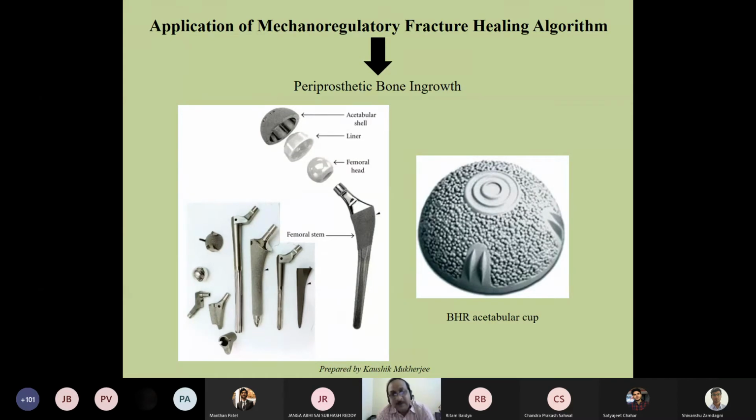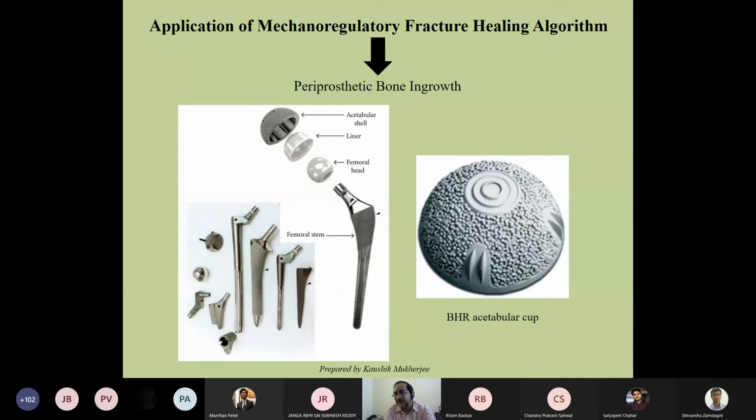With this idea in mind, we set out to investigate how numerically we can simulate this process to get hold of a spatial distribution of the evolutionary bone ingrowth phenomenon.